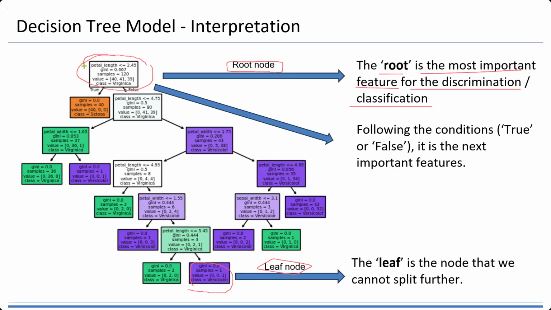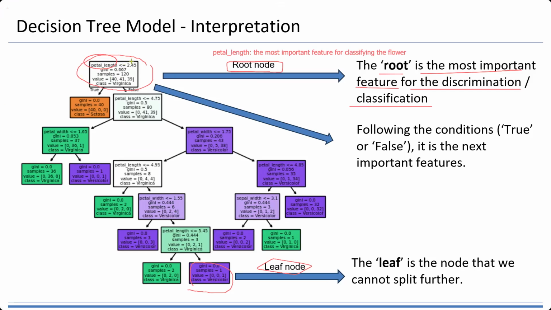If you look at this one, petal length, it means petal length is the most important feature for classifying the flower, because it is on the top of this decision tree.